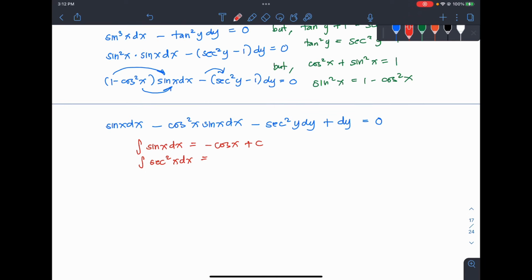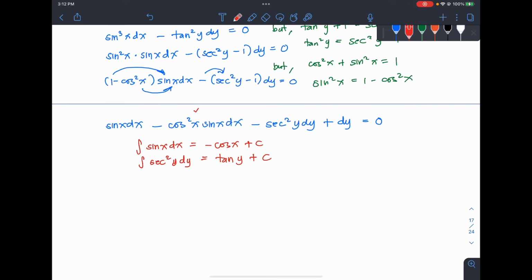So the integral would be tangent y plus c. And of course, we have the integral of dy, which is y.